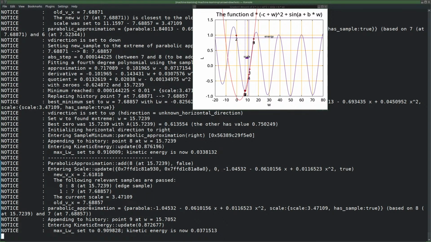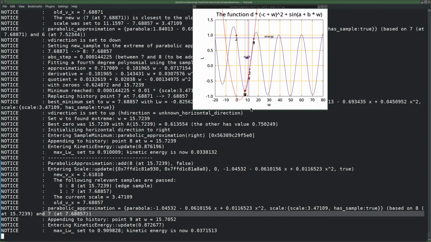So the parabolic approximation was, that's not drawn anymore, but it was something else. And now it's improving it, basing it on 0.8, but also 0.7, which is at 7.6, which is probably where we came from. Huh? That's just the vertex. Fitting a parabola through these 2 points is nonsense. We would even want to go back now here.